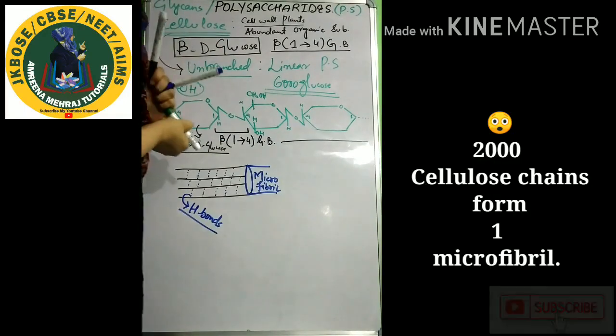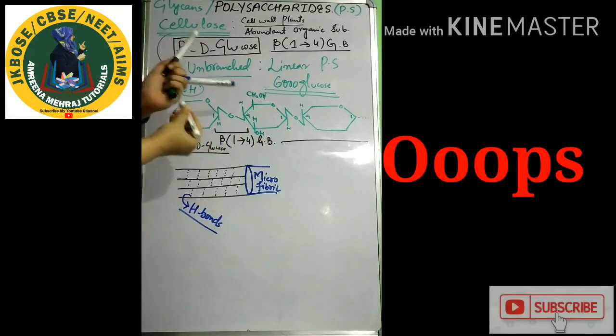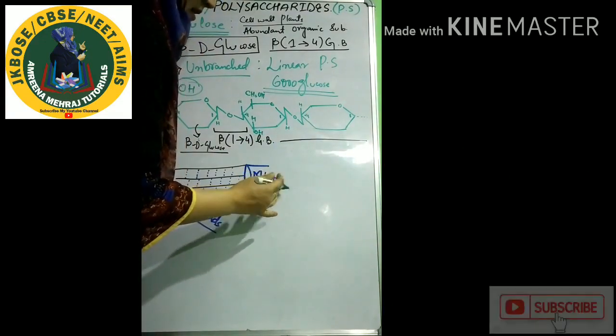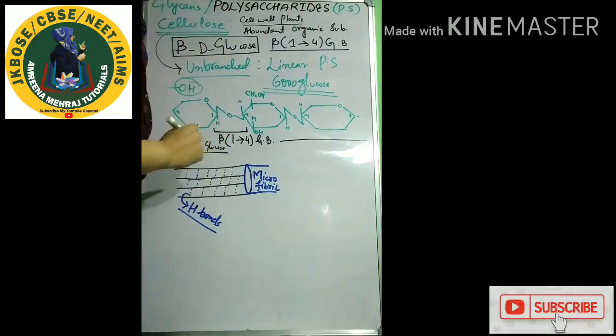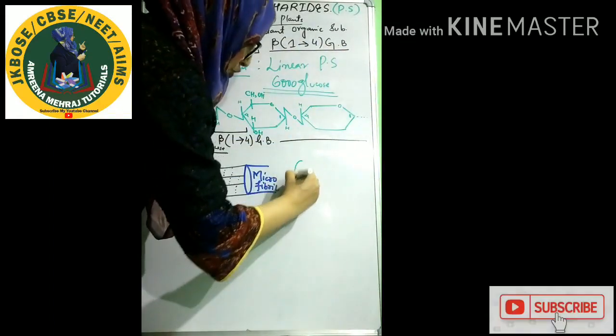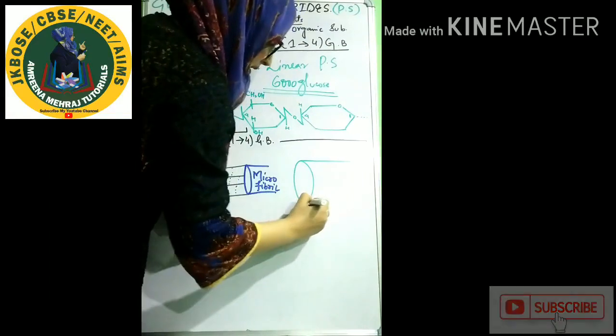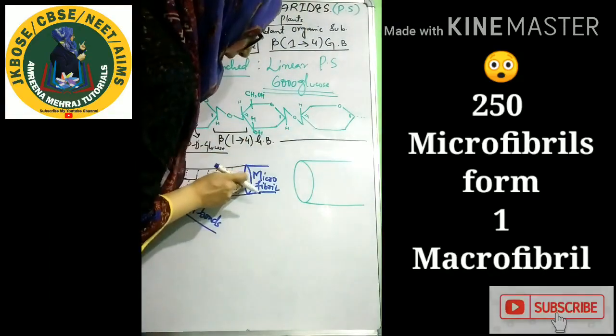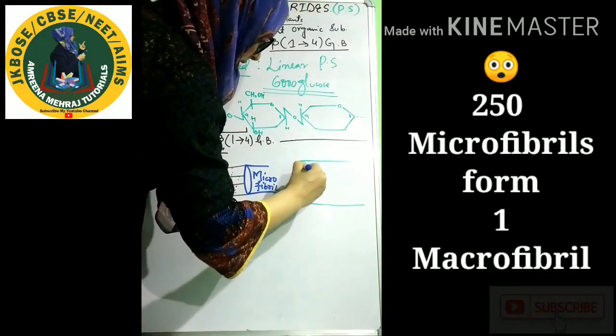Now what will happen is, many of such microfibrils will join with one another. They will form a bigger fibril. Say for example, I'll show over here a big fibril which is comprised of many such microfibrils.